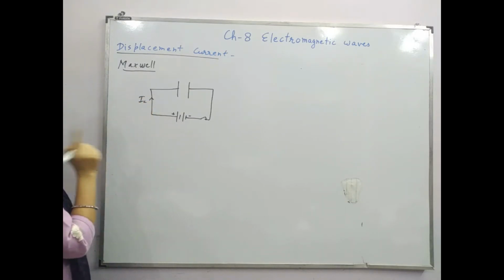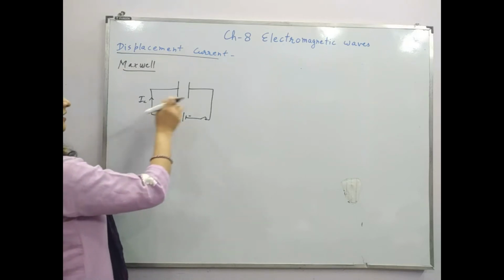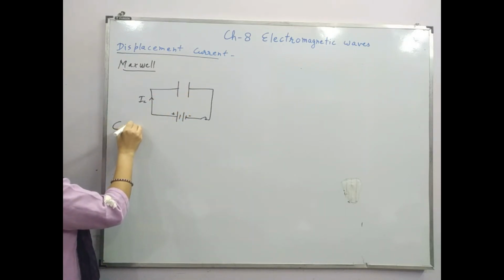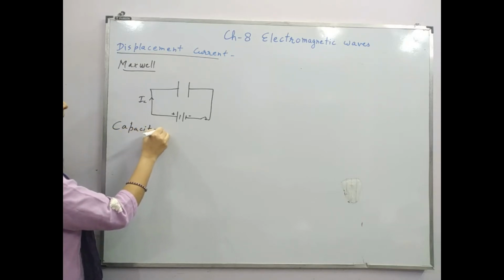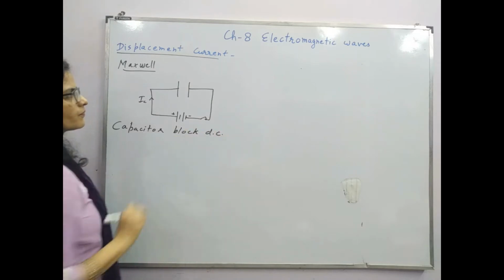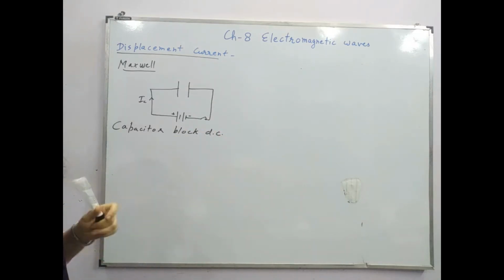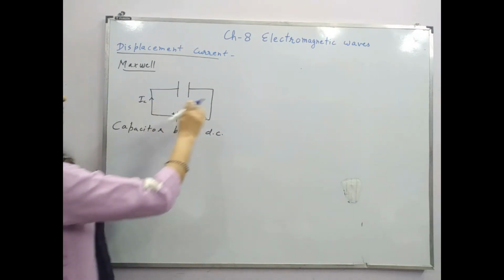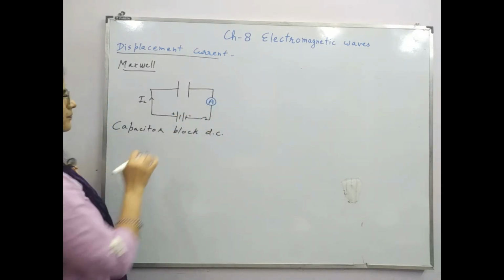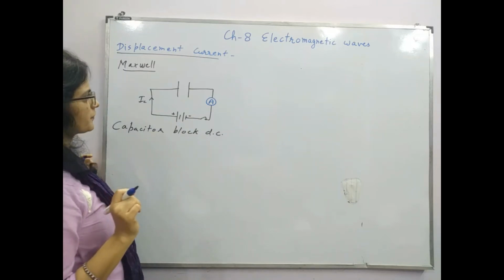We know that in normal conditions, when the current is established in the circuit, the capacitor blocks DC. So they are saying that during charging, if an emitter is placed here, it shows momentary deflection.